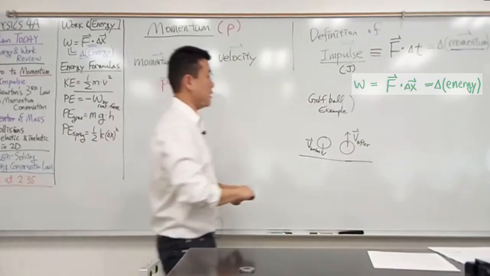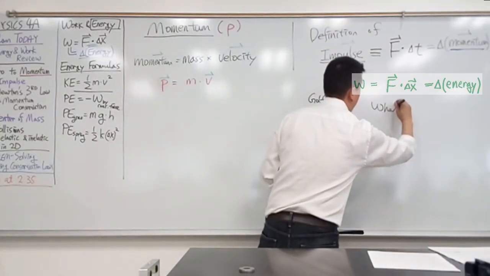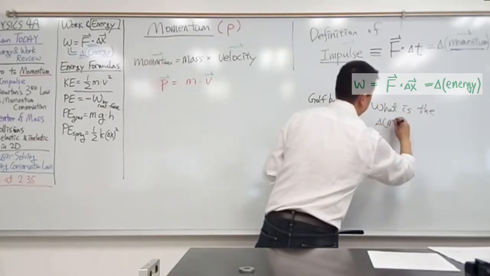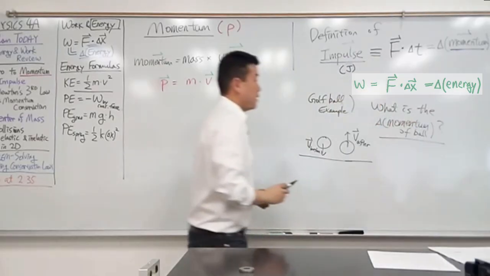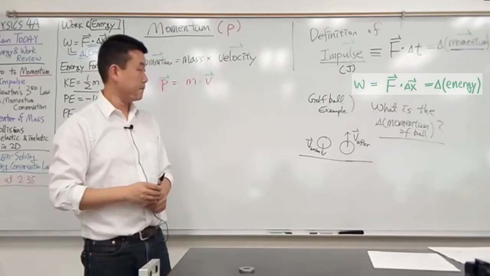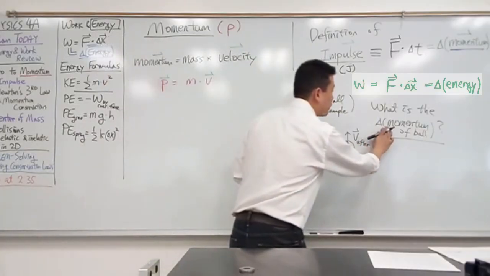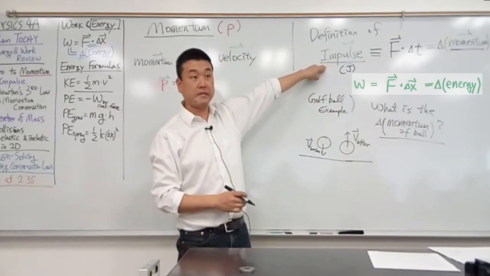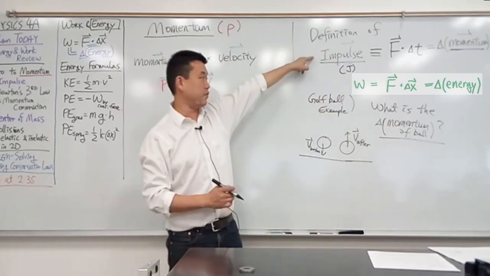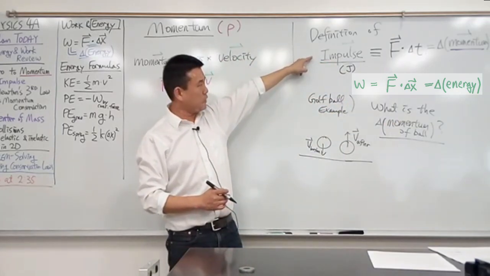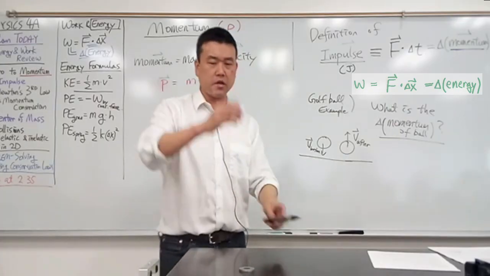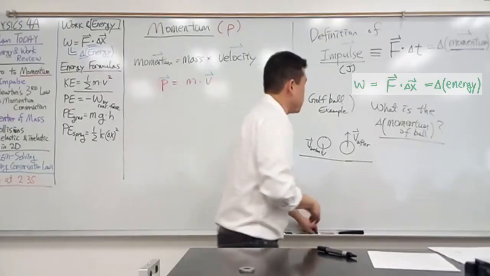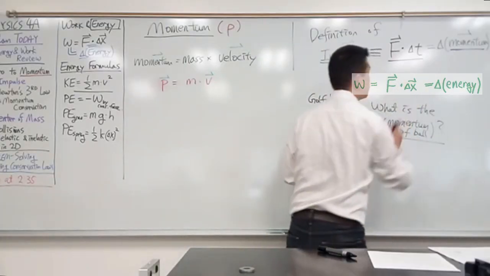I could ask, what is the change of momentum of the ball? And that change of momentum, if you look at what I have written in this line, is going to relate to the impulse. Now, looking at the situation here, would it be easy for you to calculate impulse using the information given here?